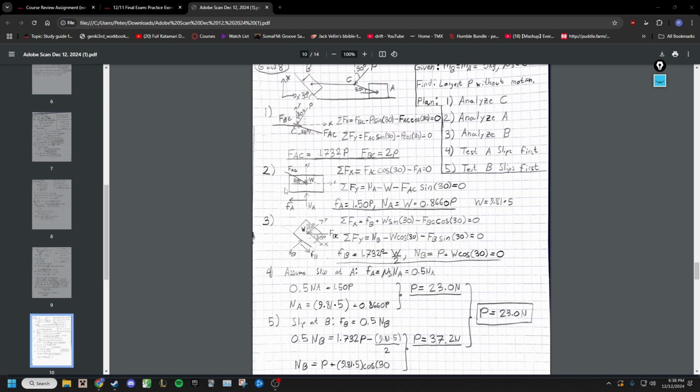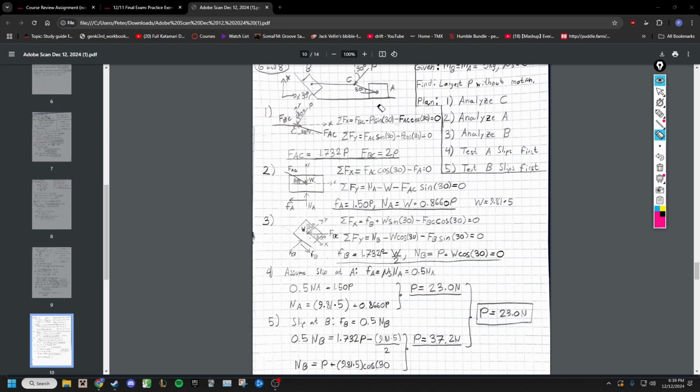Then from analyzing A, we have our force, and we have our friction acting against the motion. This thing is pushing in this direction, so the friction acts against that and pushes back. Now, the normal force can be anywhere between this region. I just draw it at the middle for simplicity's sake. We can't analyze any tipping here because we're not given the total length of each block.